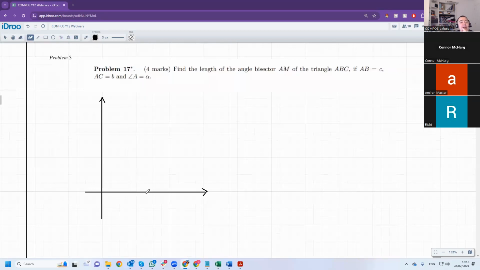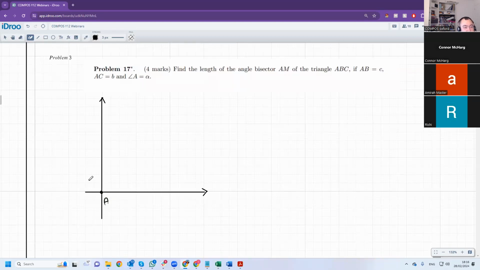Where would we put A? Well, it's always good to put one of the corners into the origin. And because every piece of information we're given contains A, it would be a very good idea to put A into the origin. You don't have to, but it looks like a good choice.